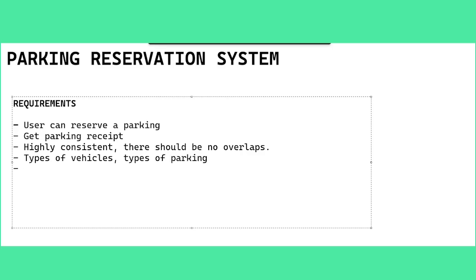Then we have to note the parking rates. We also need an endpoint which can fetch all open parking, etc. I think this is it, for the requirements at least.